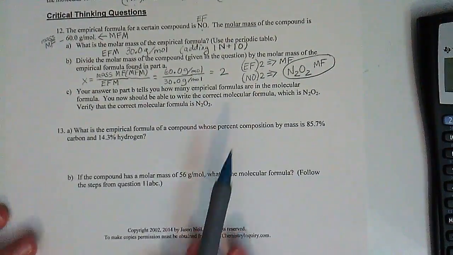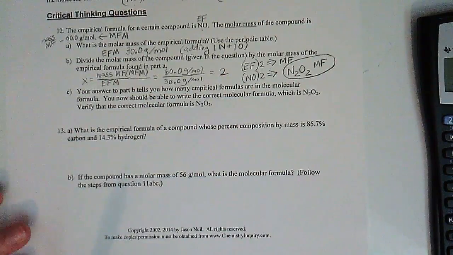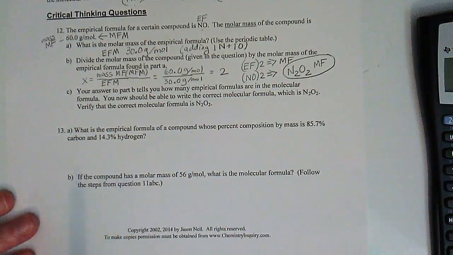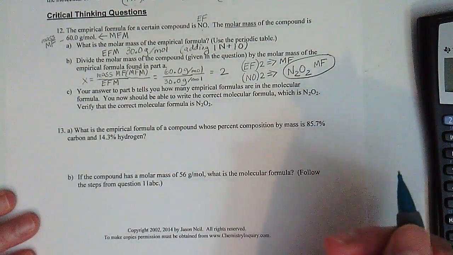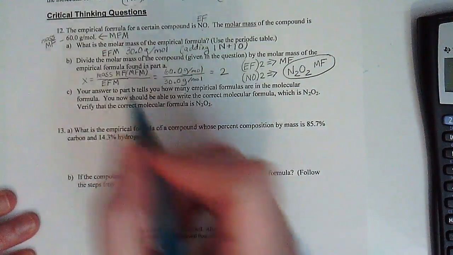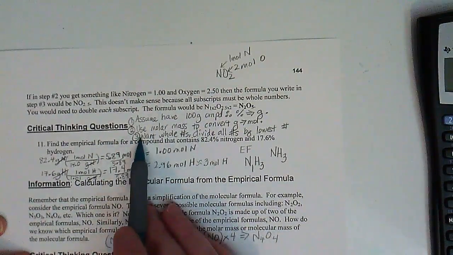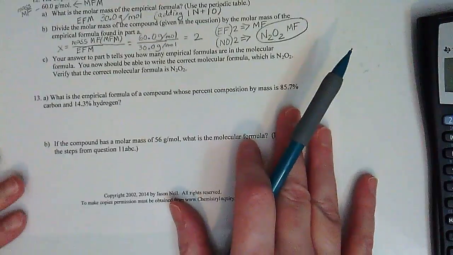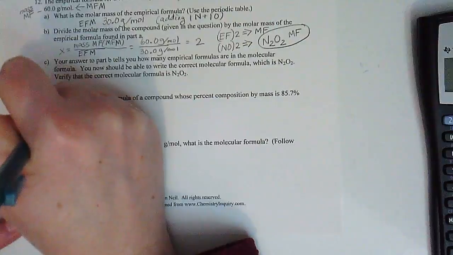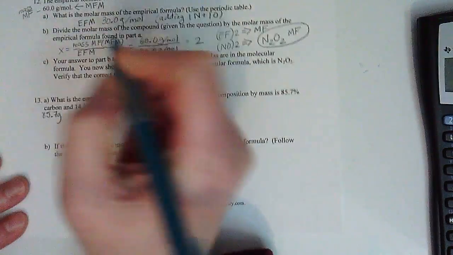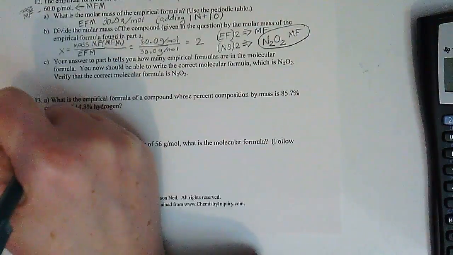So question 13. What is the empirical formula of a compound whose percent composition is 85.7% carbon and 14.3% hydrogen? So this is asking us to do all of those steps that we did up here. Step number 1, assume we have 100 grams so that our percentages become masses.